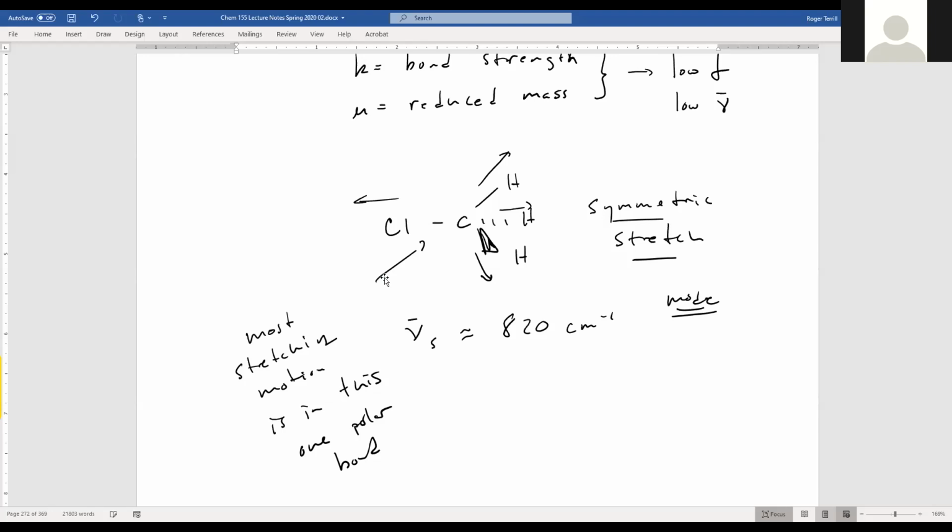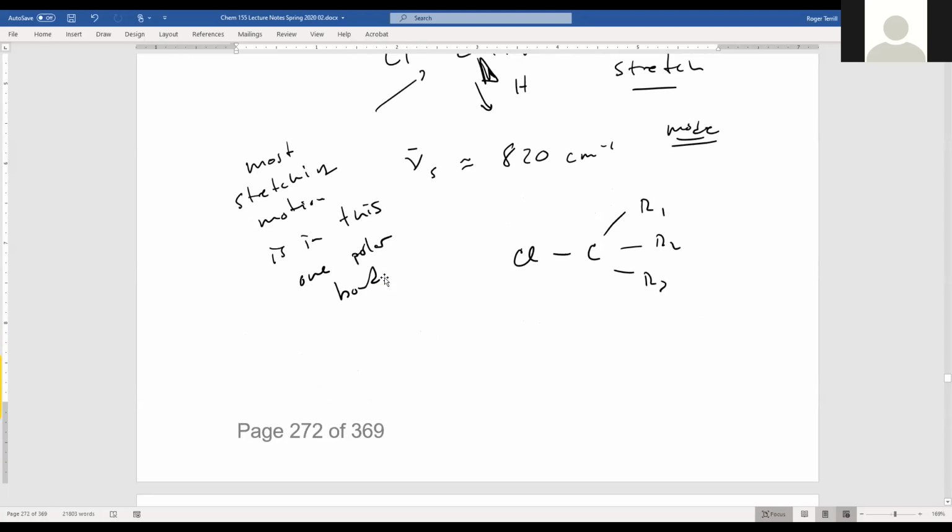And then in more complicated molecules, which have Cl, C, and three other R groups, they will have a symmetric mode.